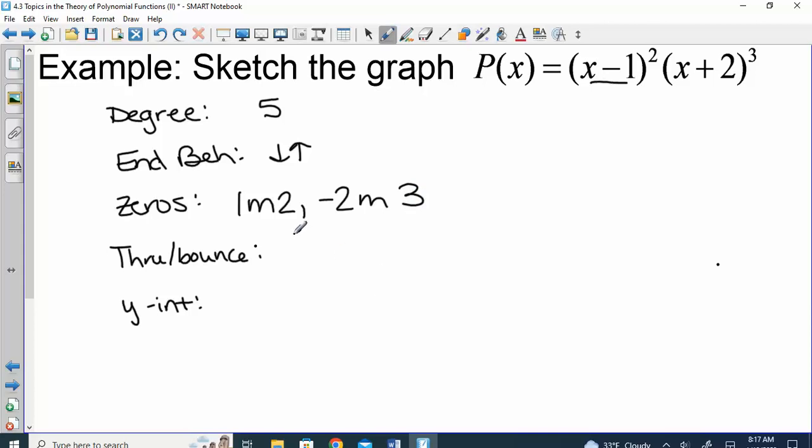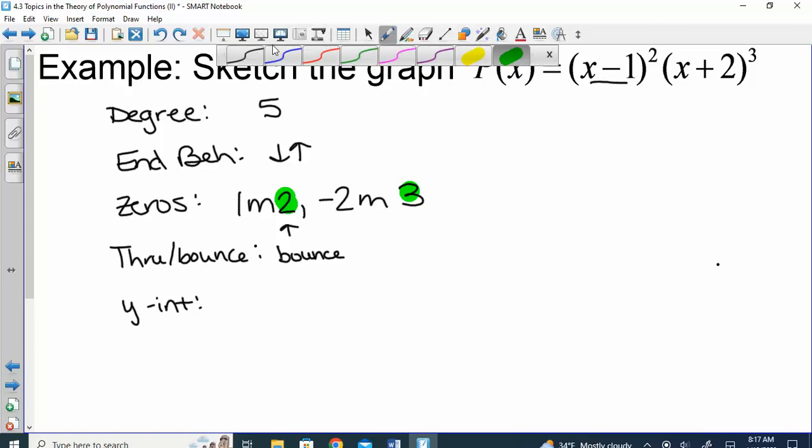Wow. One's a through and one's a bounce. So at 1, the multiplicity was 2, so what will this one do? Bounce. I'm looking at the multiplicity itself. Even bounces, odd goes through. So when I look at the -2, this one will go through.